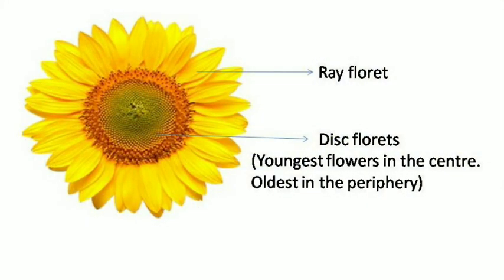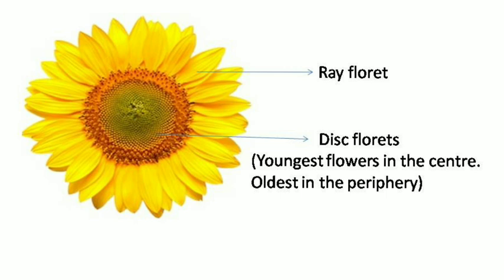Now shall we have a look at the sunflower? There are ray florets and disc florets in this flower. In the ray florets, both male and female reproductive parts are lacking. That means androecium and gynoecium are not there. Therefore, the ray florets are called neuter flowers.